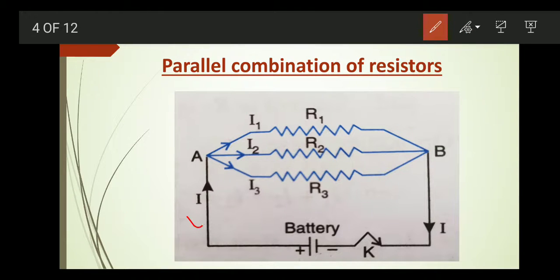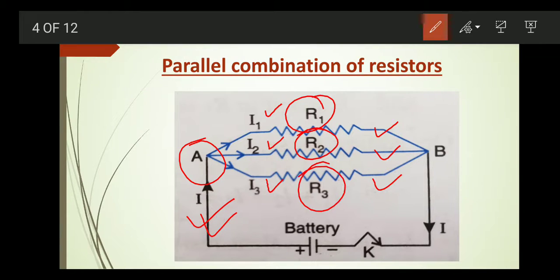You can see this current I is divided in three parts, I1, I2 and I3, in the separate branches of the resistors R1, R2 and R3. So what does it mean? It means that the main current I from the battery divides itself in different arms at the point A. And the current in a resistor is inversely proportional to its resistance.